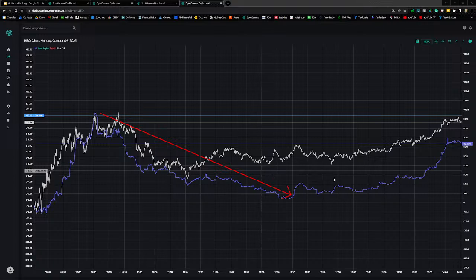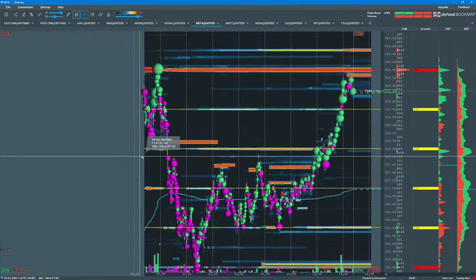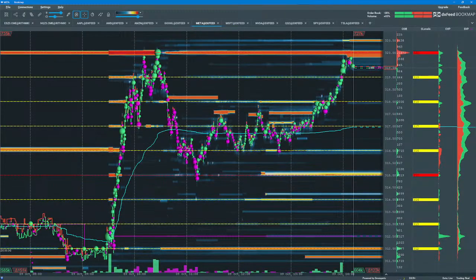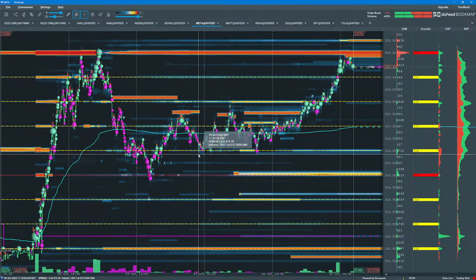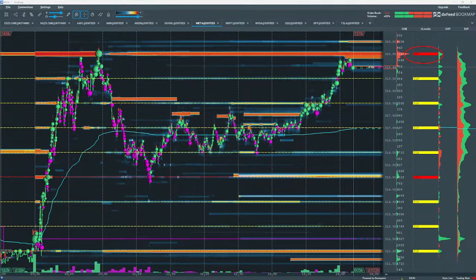And notice around 1 o'clock or so, traders start taking positive delta positions again, and price starts to move higher after this consolidation. So let's go take a look at Bookmap. Here's Meta. $320 call wall, price is almost up there again.